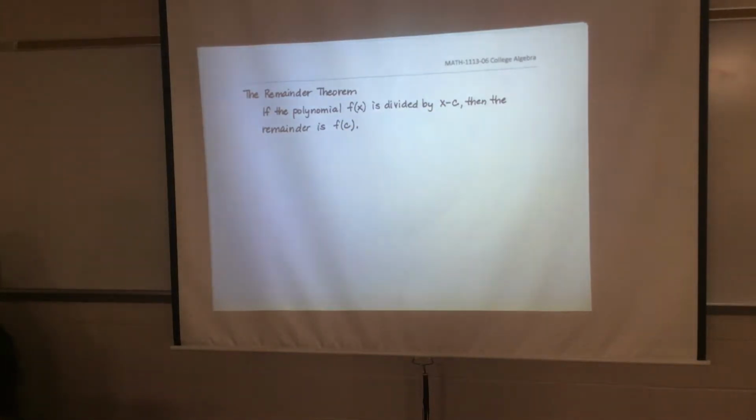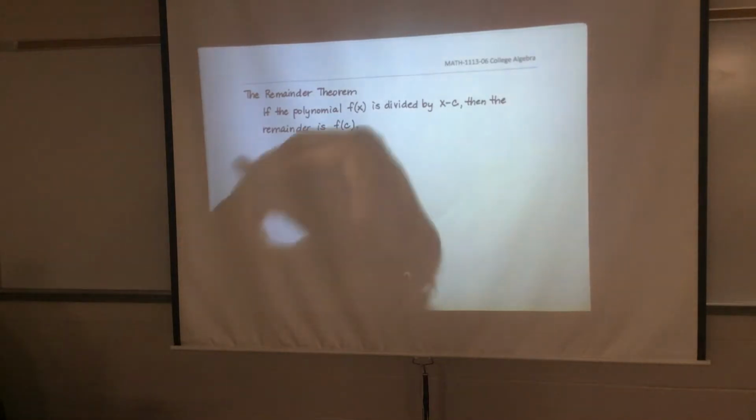Okay? If we divide the polynomial f of x by x minus c, then whatever remainder we get by that synthetic division process will be the value of the function at x equal to whatever that constant is. Okay? So let's look at a couple of examples of this.